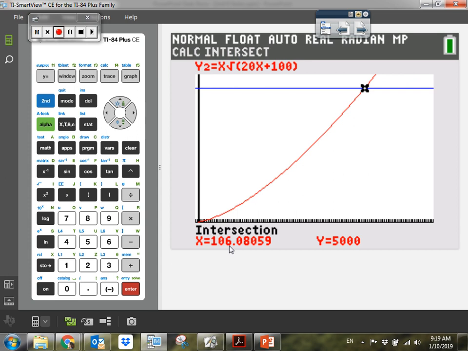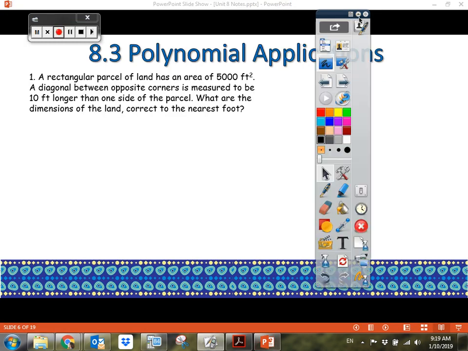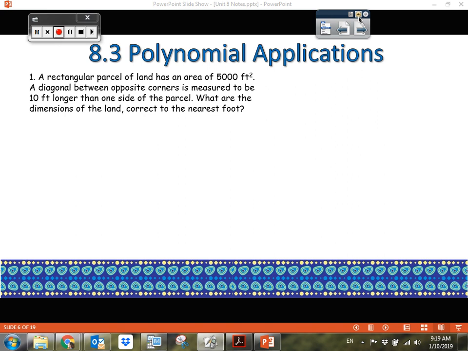So let's go back to that example. So x is 106 feet. We need to find the other dimension. If you recall, we had a relation. There's a couple of relationships between x and y. You can really choose whichever one you want. I'm going to go back to this relationship that we had, xy equals 5,000. And so I need the y, so I'm going to do y equals 5,000 over 106.